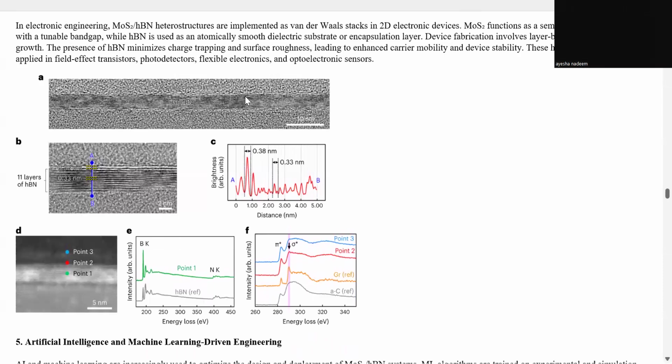There is a picture which shows the protective layer coating. There is a selenium dioxide and then hexagonal boron nitride, and there is a protective layer. Figure B shows that there are 11 layers of hexagonal boron nitride, and these are shown at 0.33 nanometer or 0.38 nanometer, while C shows a graph between the brightness and the distance, and there are peaks at 0.38 and 0.33.